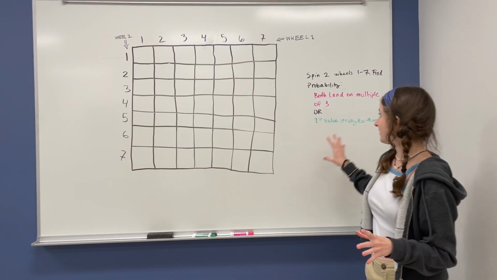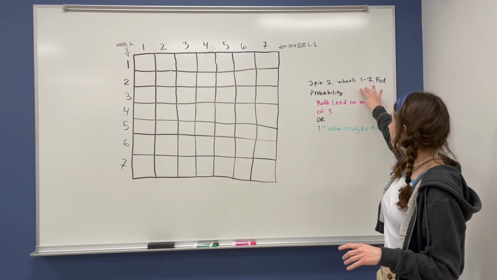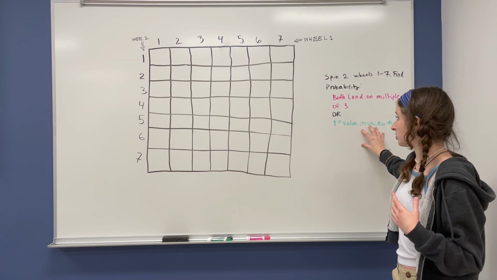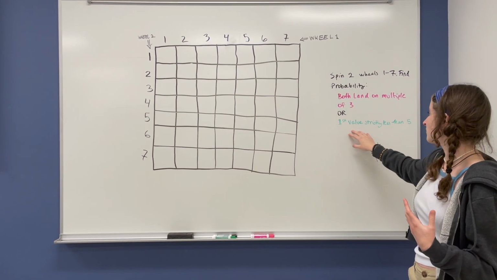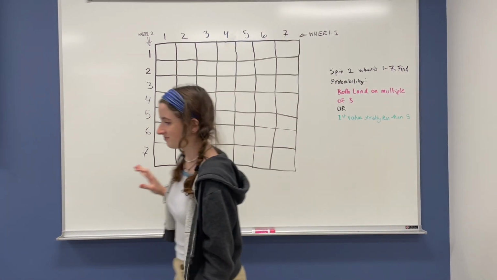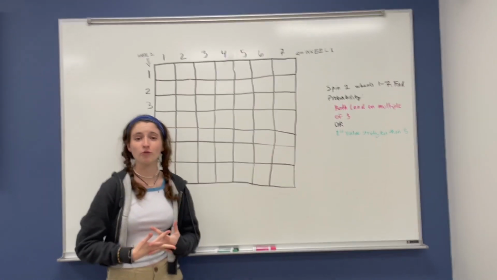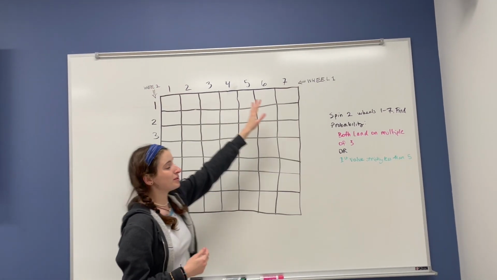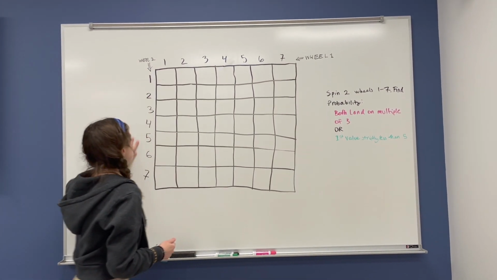So in this case, like I said, 1 through 7, and both of them are going to land on a multiple of 3 for the first condition, and the second condition is that the first value is strictly less than 5. Here I've drawn a table, and this table is really powerful because the columns represent wheel 1 and the rows represent wheel 2.